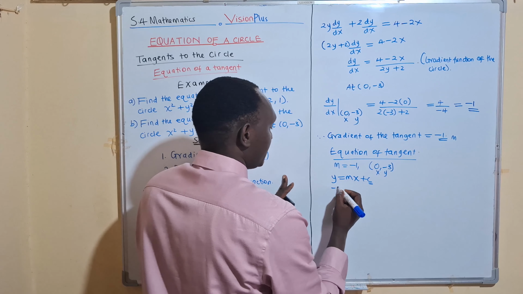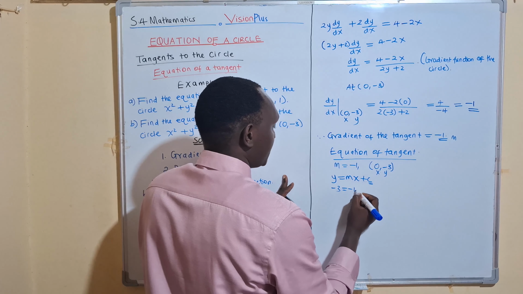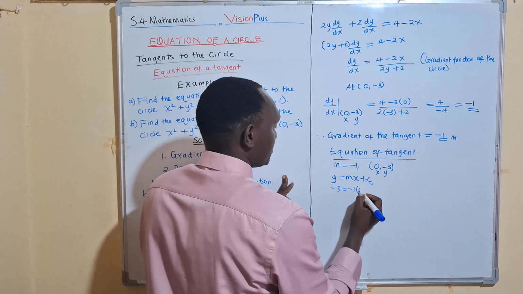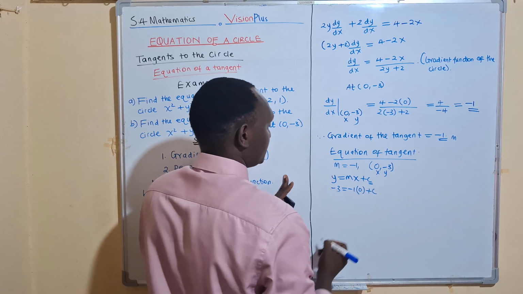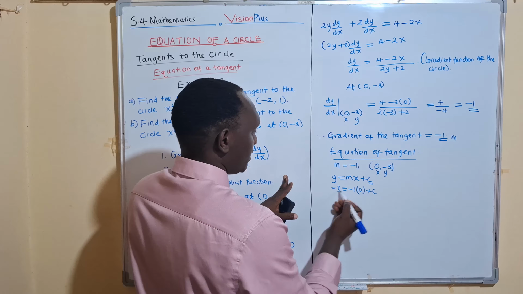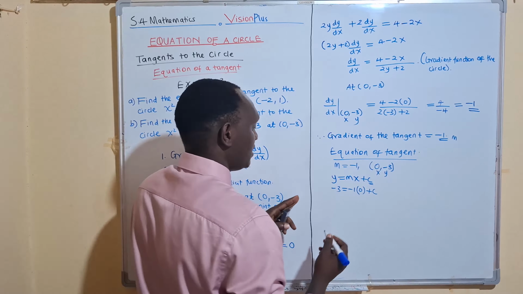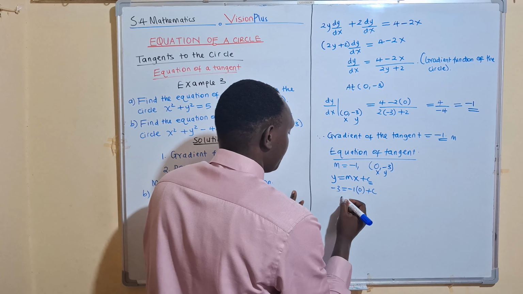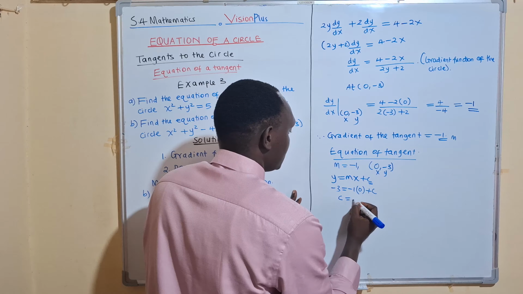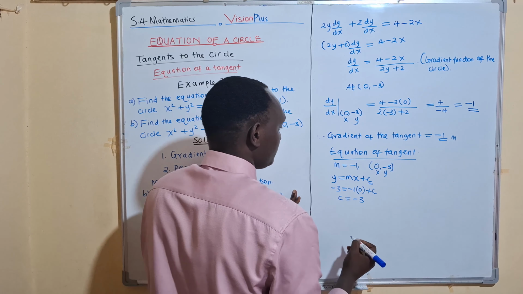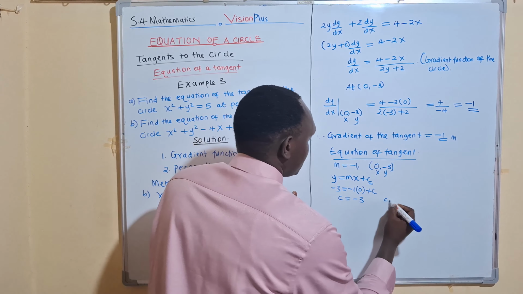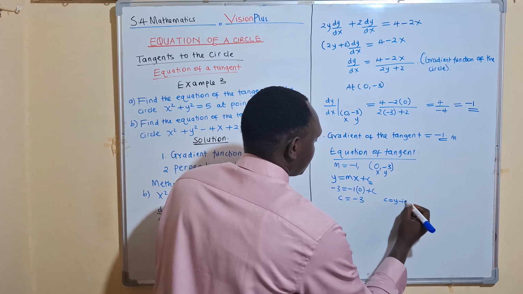You substitute negative 3 equals m, which is negative 1, times x, which is 0, plus c. So what is the value of c here?